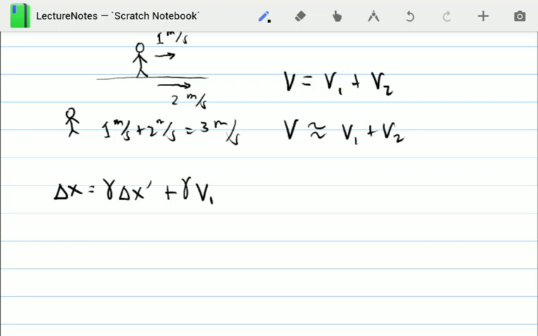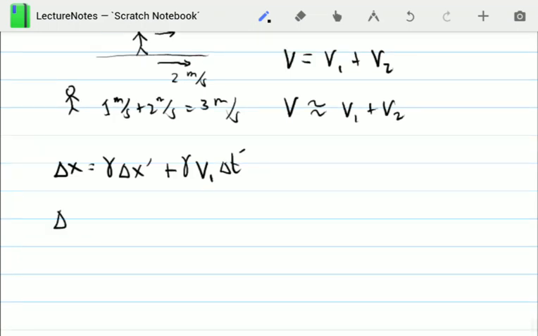The time elapsed observed by the frame on the ground is gamma delta t prime plus gamma times the velocity of the other reference frame relative to the first one, times delta x prime.